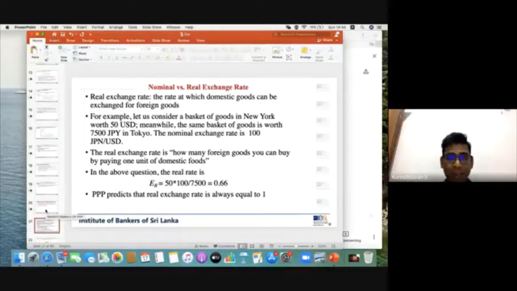Clear? Real exchange rate, you can see, it's 0.66. Clear? Okay. Now purchasing power parity predicts that the real exchange rate is always equal to 1.